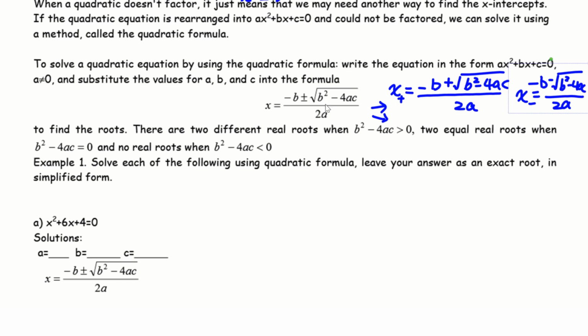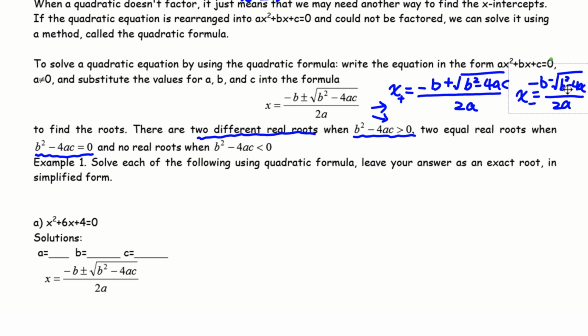And also from here, they are going to have some different scenarios. If b squared minus 4ac is greater than 0, then plus a number minus a number give you two different real roots. And if b squared minus 4ac equals 0, then square root 0 give you 0.